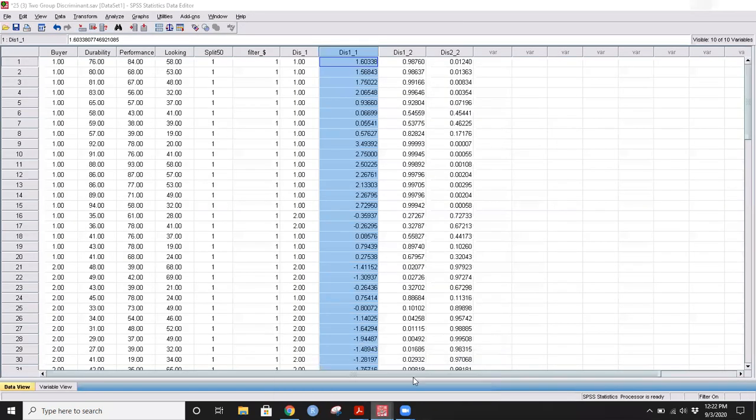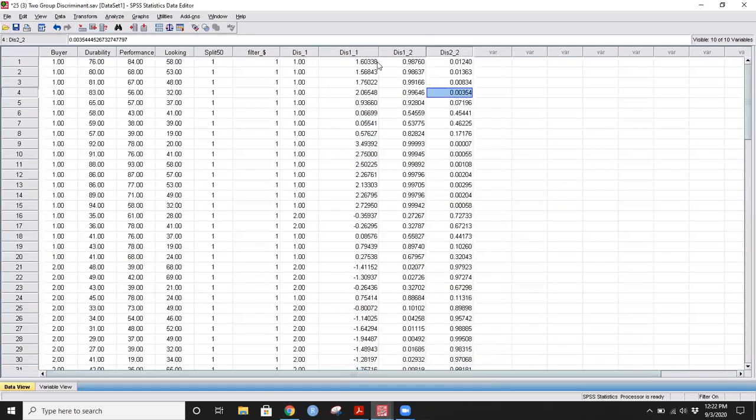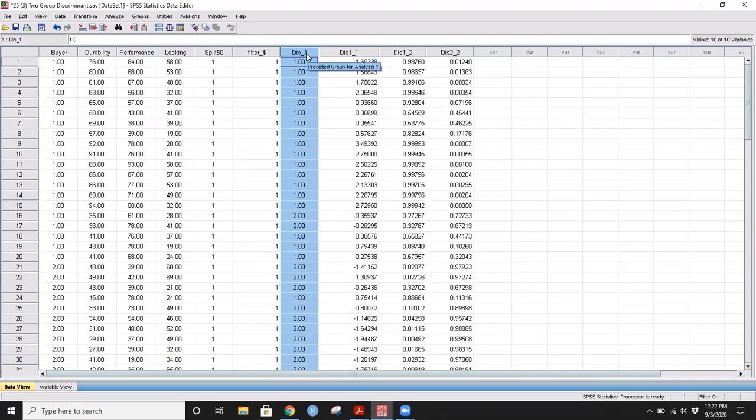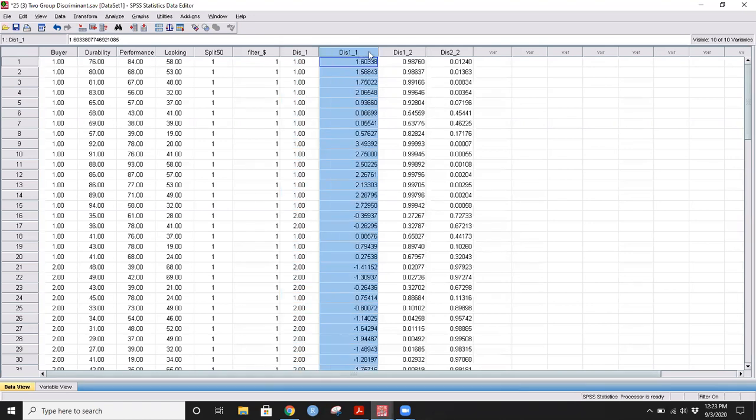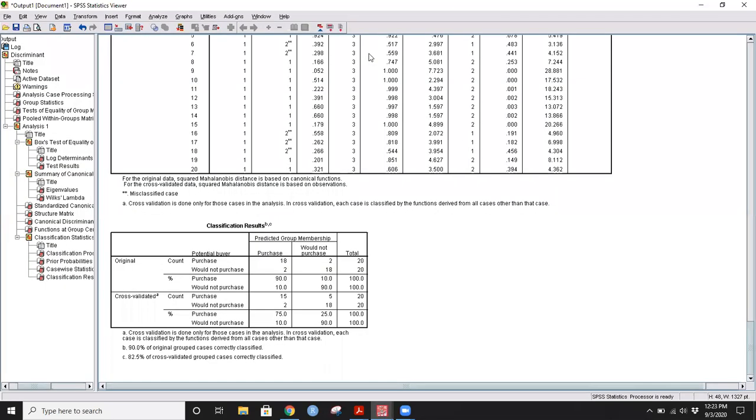It really pays us a lot if we go and see what has happened to the data set. You see this column, this one. So this underscore one is giving you, as it reads, predicted group for analysis one. So this is the predicted group which has been provided to you using the discriminant function analysis. And you can see, basically person one, originally who is a buyer, is predicted to be a buyer. Okay, so that's how you can interpret this column. And what is this column? This column gives you the discriminant scores, which you were seeing here also.